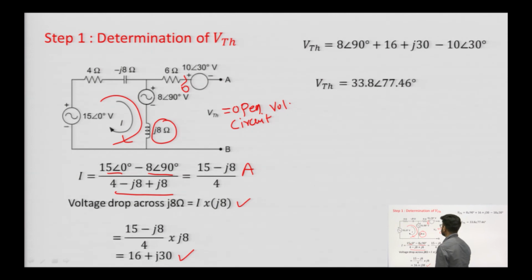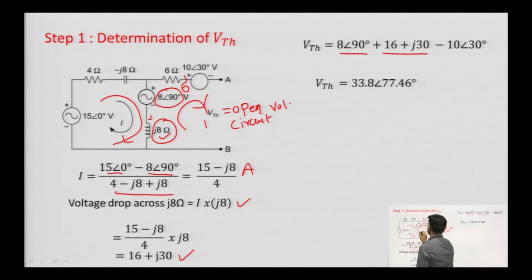Now, VTH. We will apply KVL here. VTH will be equal to 8 at an angle of 90 degree plus 16 plus j30, which is the voltage drop across j8 ohm, and we have the opposite direction 10 at an angle of 30 degree.